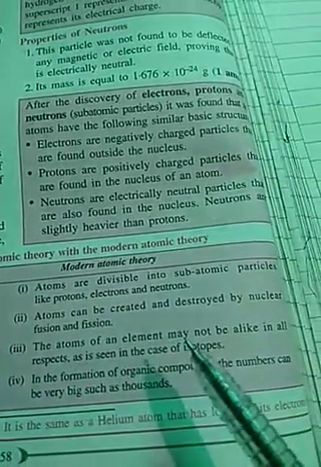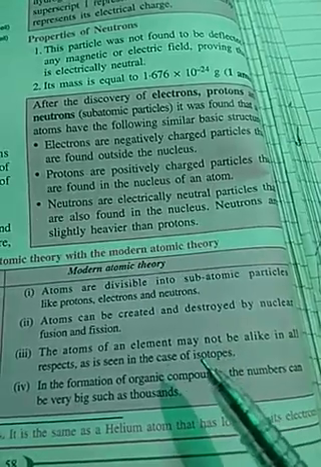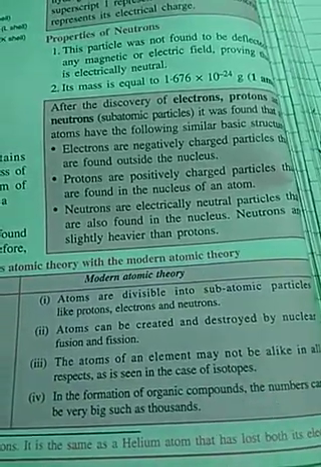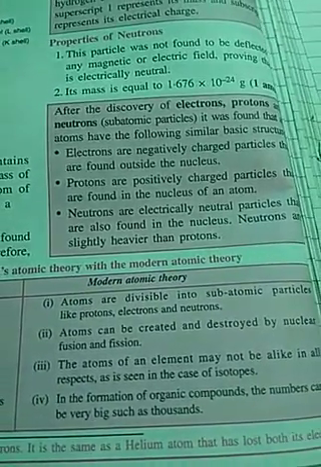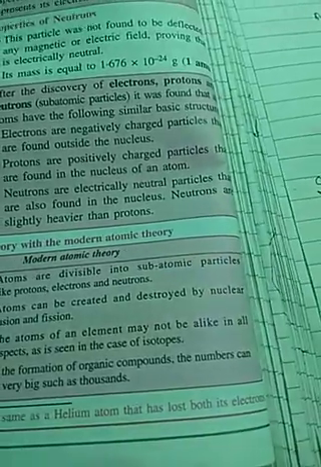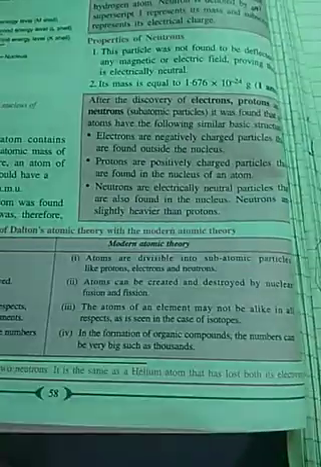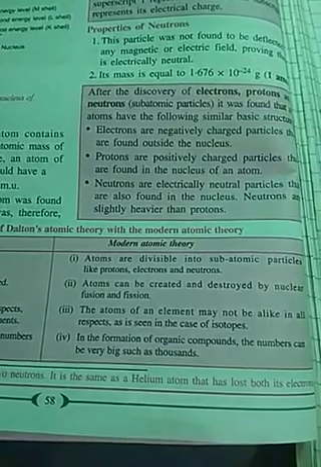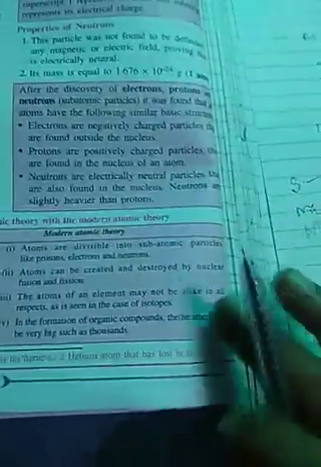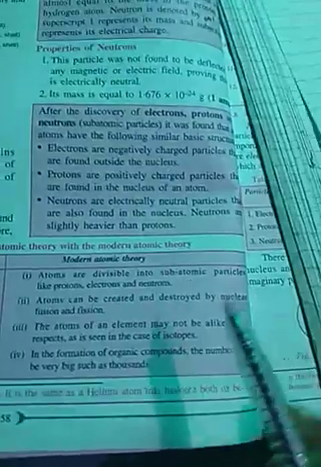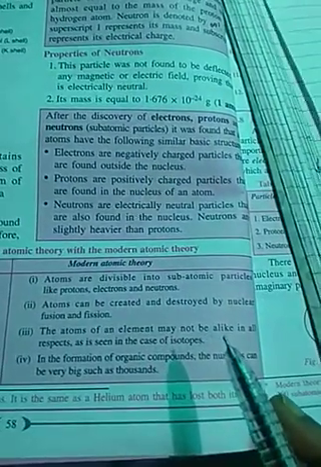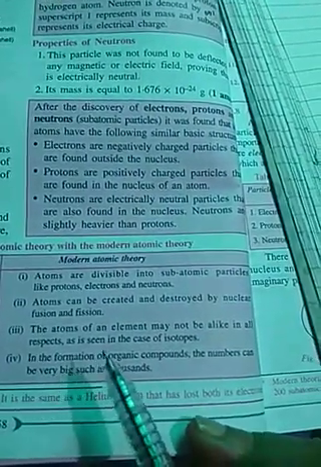Atoms of an element may be alike. All the atoms of sulfur, sodium, magnesium will be the same. But they may or may not be identical in all respect.